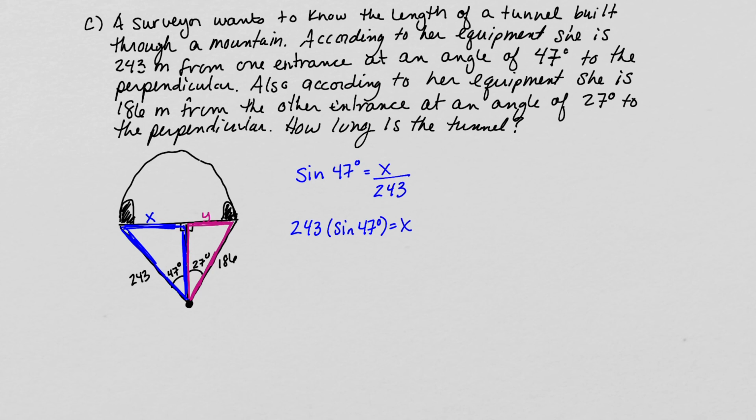So we're going to do the same thing for the pink side. Again, for the pink triangle, it's also going to be the sine. So the sine of 27 degrees is going to be equal to the opposite Y over the hypotenuse, 186. So Y is going to be equal to 186 times the sine of 27 degrees.